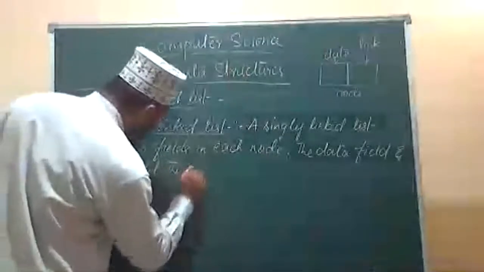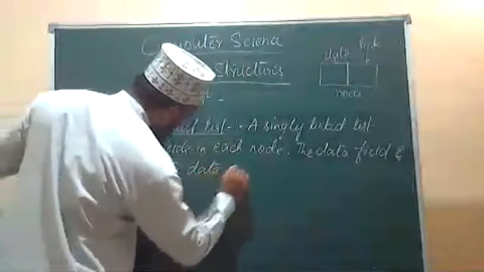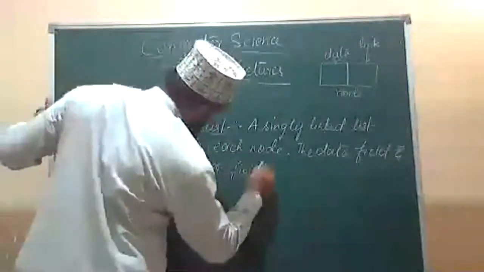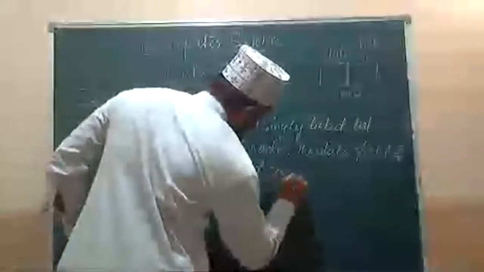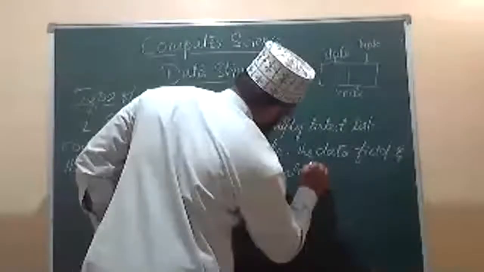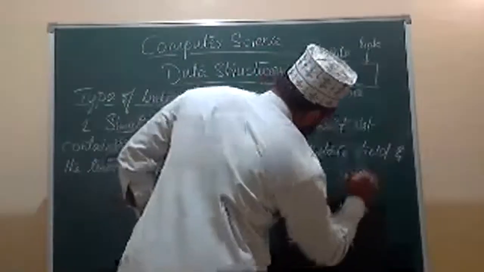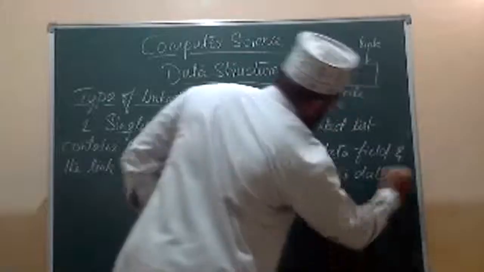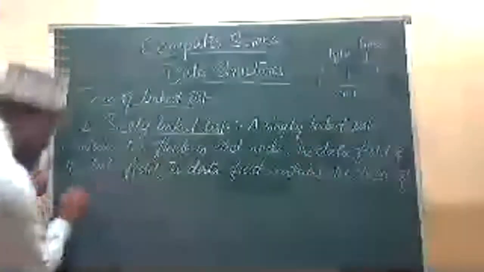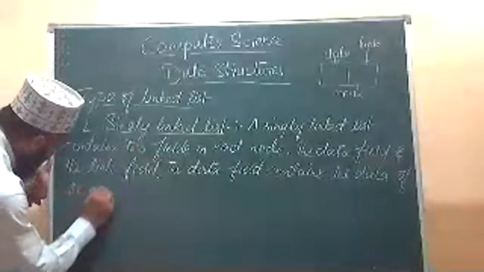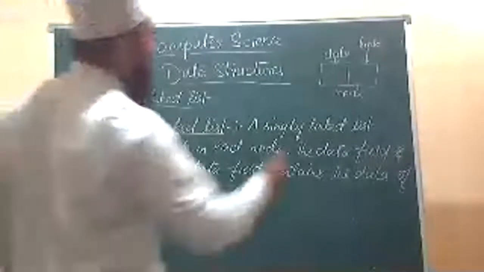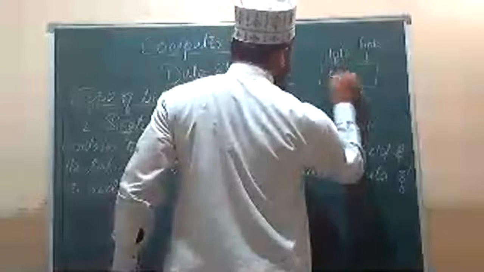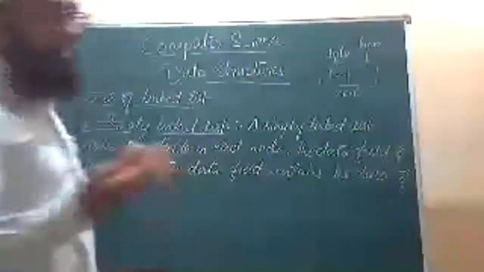The data field contains the data of the node. It contains its own data, any data.